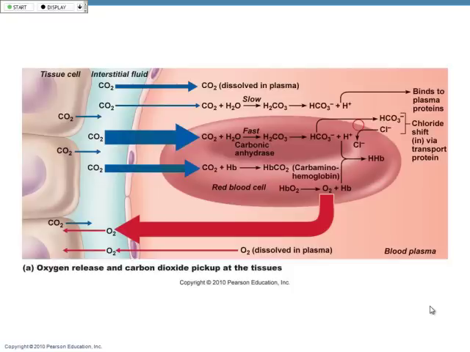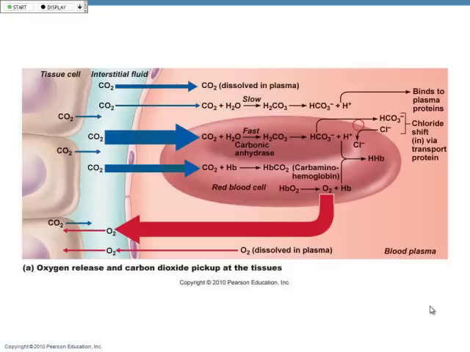Now remember, at the tissue level, we have a partial pressure gradient that's going to push carbon dioxide into the circulatory system for me, and it's going to push oxygen from the circulatory system into where? Into the tissues. So that partial pressure is helping with the push. The chemistry is going to help with who's holding on to who to bring where. Did I just confuse you?